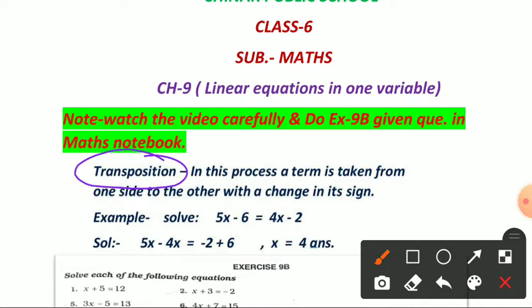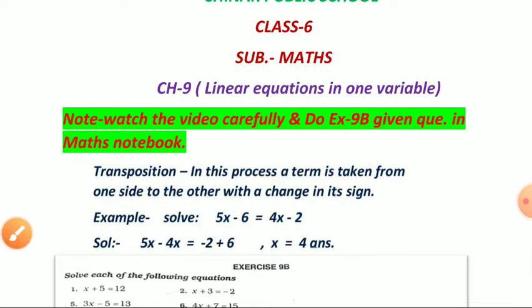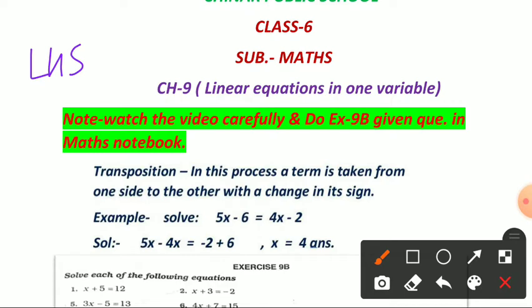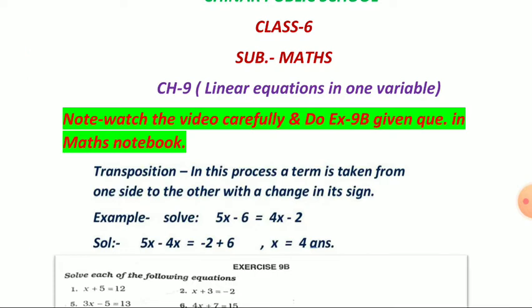In this process, a term is taken from one side to the other, so its sign will change. Some questions you have already done based on this, but now we are learning it in detail. Whenever we shift one term from one side to another, from LHS to RHS, left hand side to right hand side, or right to left, its sign will change.